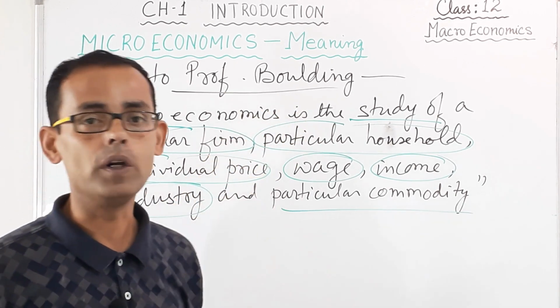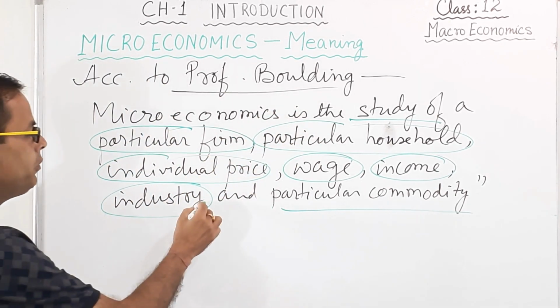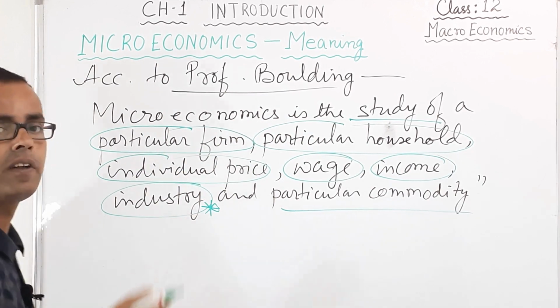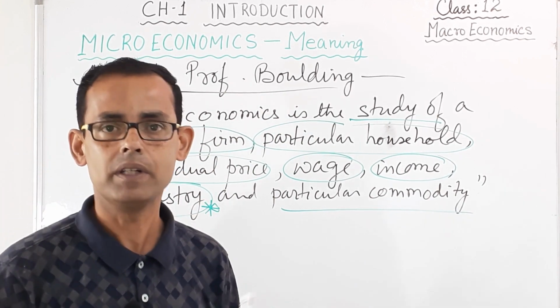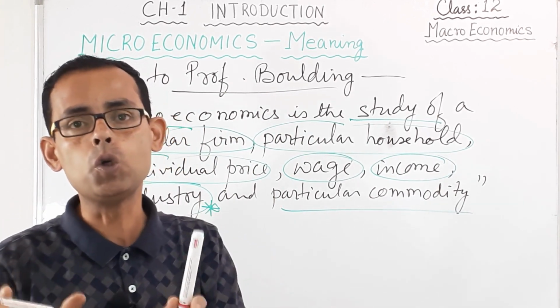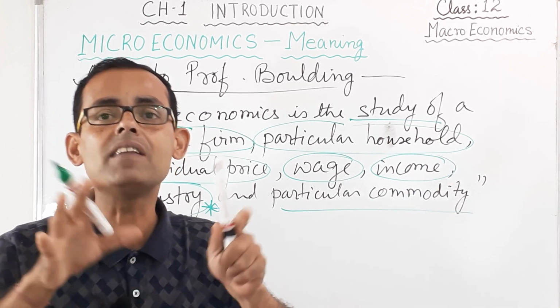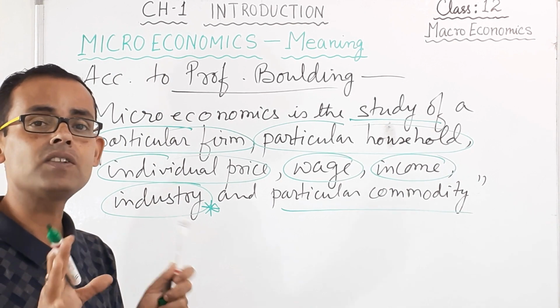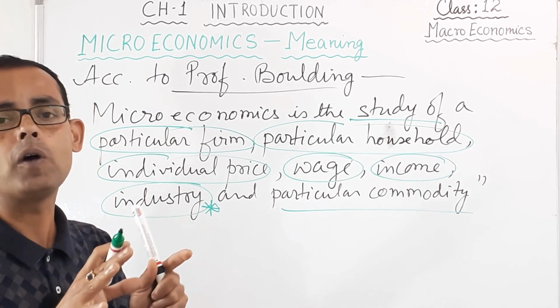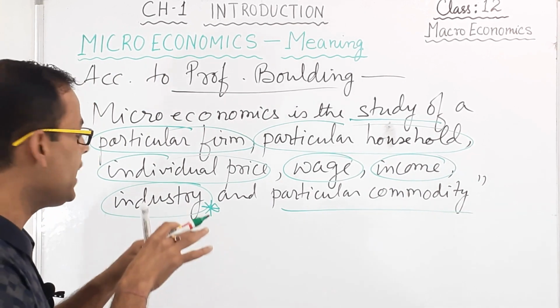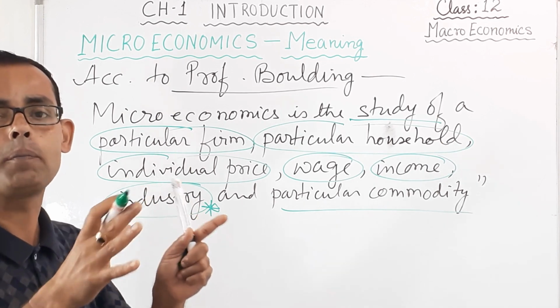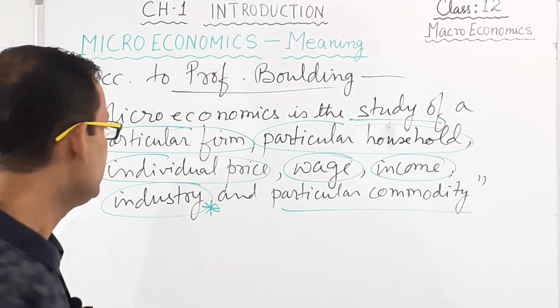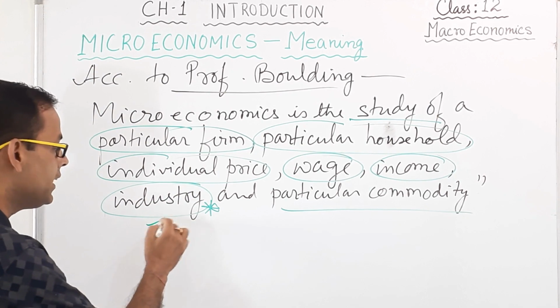Professor Boulding. Now here, this one, industry: what does industry mean? Industry is a group of firms producing the same product. That means industry is a group of firms, and these firms all are producing the same product, and that is only known as industry.